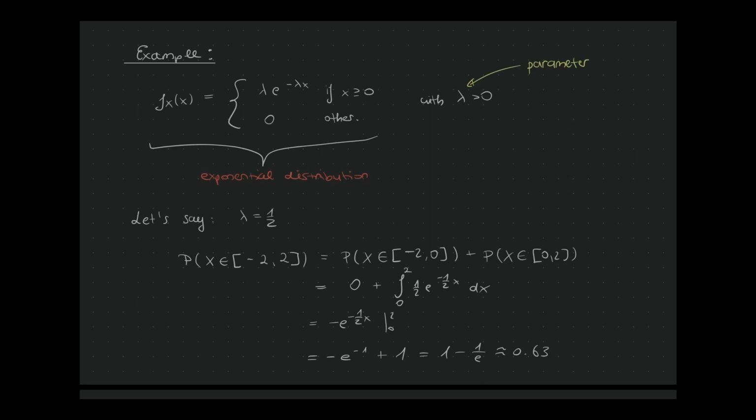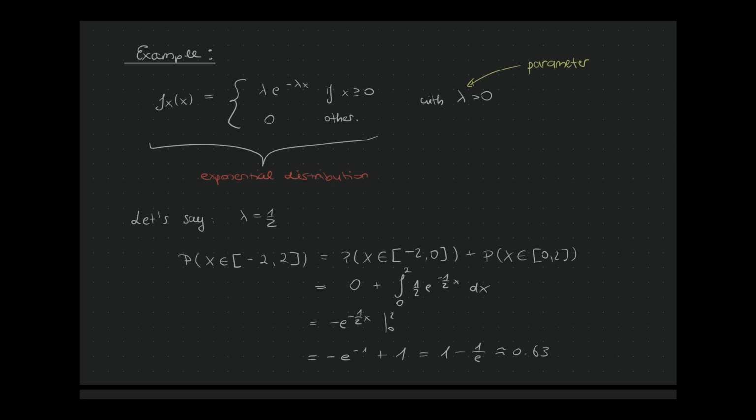So let's say lambda is equal to 1/2, and we want to know the probability that x will lie in the interval from -2 to 2. This probability can be split into two integrals, one going from -2 to 0 and one from 0 to 2. The first term is 0, since our distribution is 0 for x smaller than 0 by definition. The second term can be evaluated quite easily.